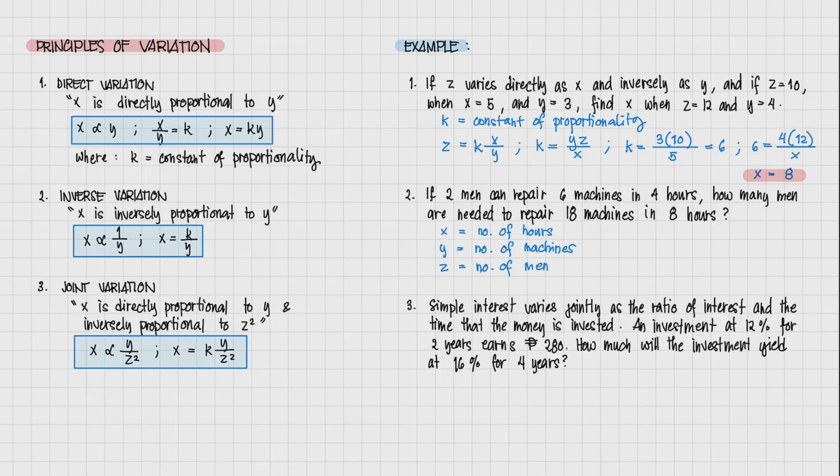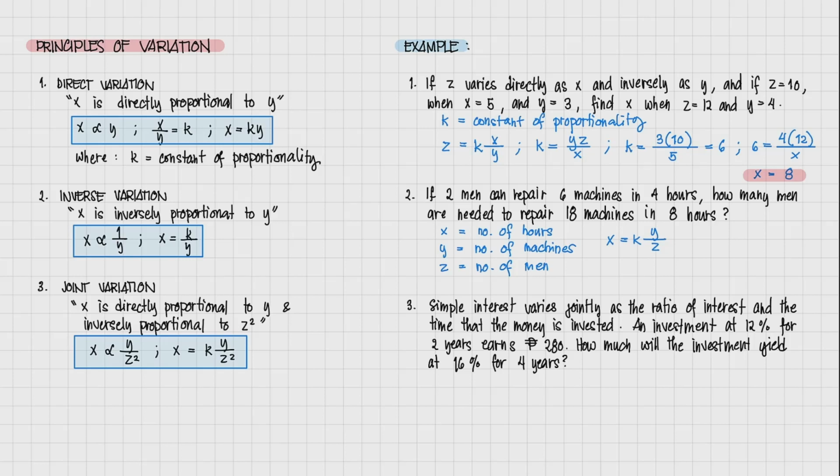So we could say that x varies directly as y, and inversely as z. So we could interpret that as x is equal to k times y all over z.